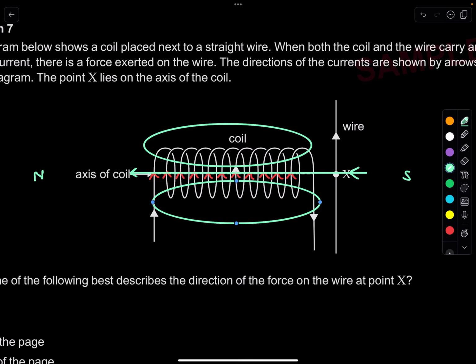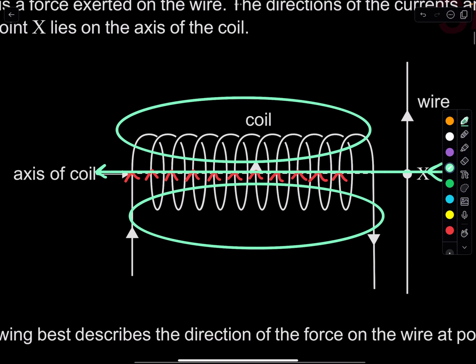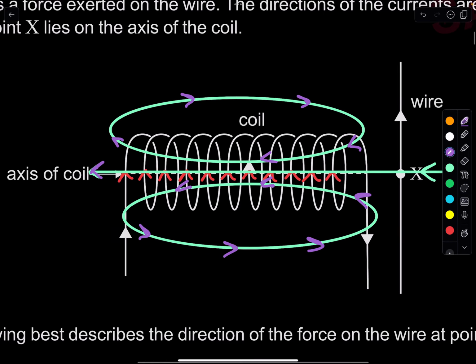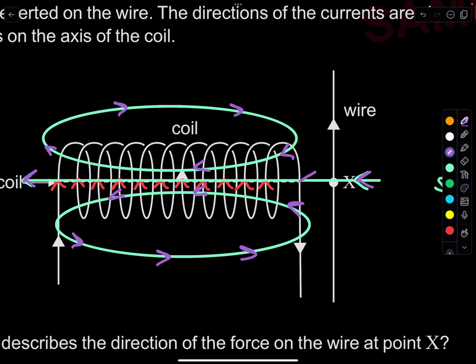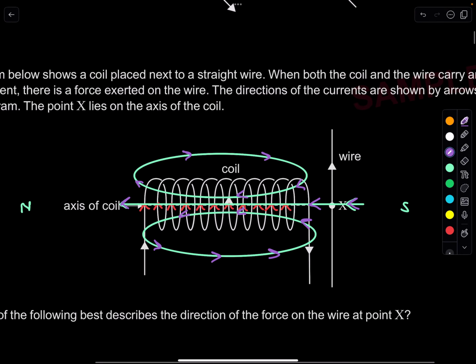Let me draw in purple. So you're going to get field lines coming from the North Pole, going towards the South Pole. Done. So that's our magnetic field that's being produced.